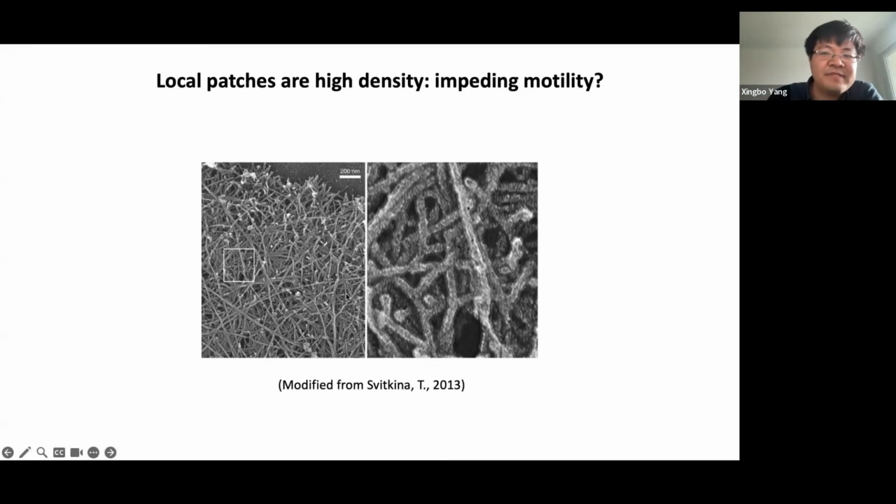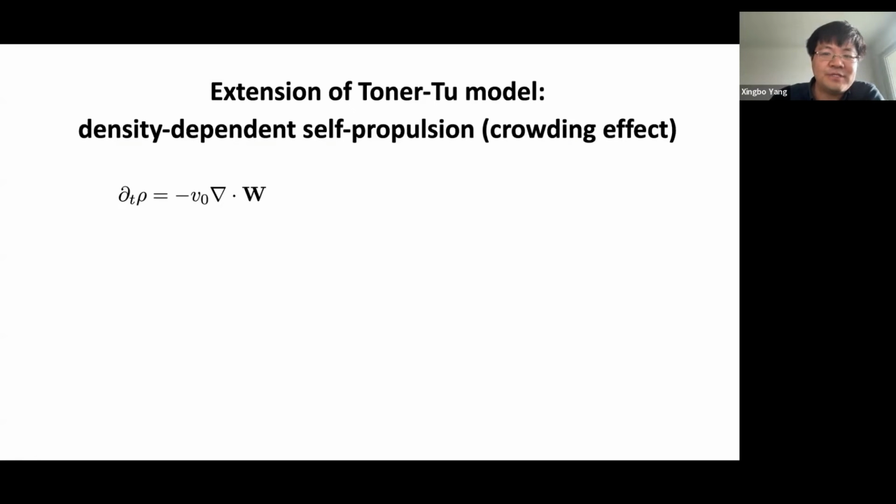So this type of local crowding is possible and can impede their self-propulsion. If that happens, I'm going to use the same framework of the hydrodynamic equation that was derived from this particular kinetic model, where I introduce a polarity field that is conjugated to the density.